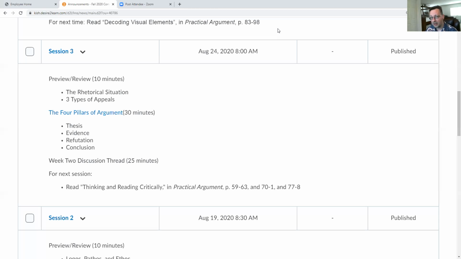Once we've taken time to offer up a refutation for the other perspective position or positions for a given argument, it's then time to construct a conclusion.